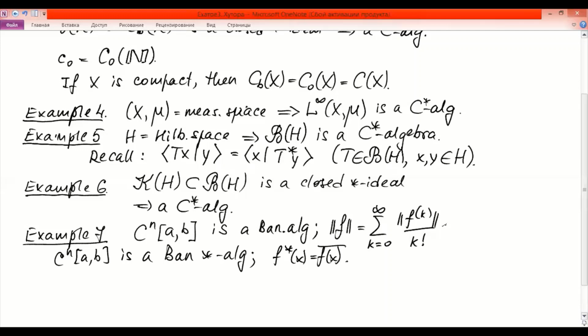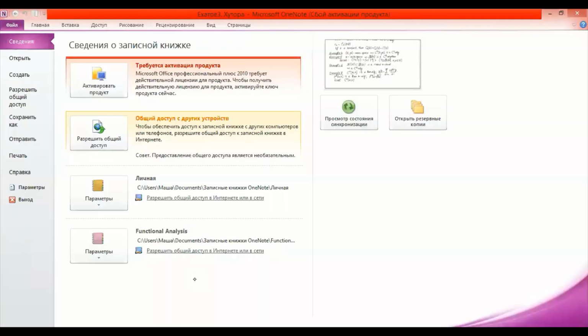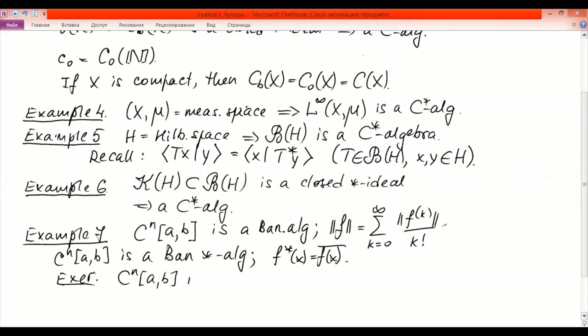Nevertheless, a simple but useful exercise is to show that C^n[a, b] is not a C-star algebra. So it is not a C-star algebra, of course, unless n is 0.